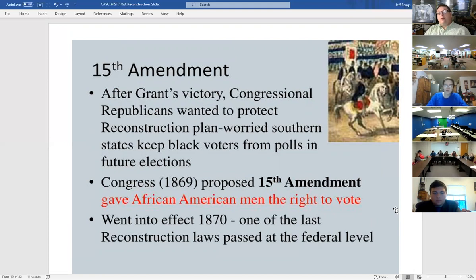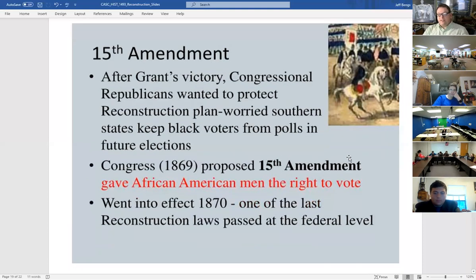Actually, I'm sorry, Grant, General Grant, the great Union or Northern general, became president in 1868. President Johnson didn't even get the nomination from the Democrats because he had been impeached. And then Grant defeated, I think the guy's name was Seymour.